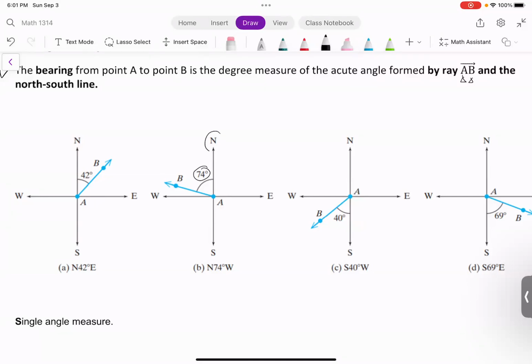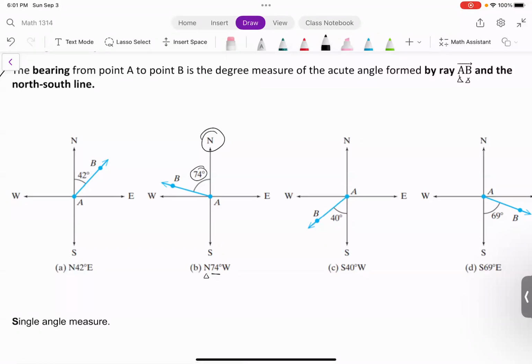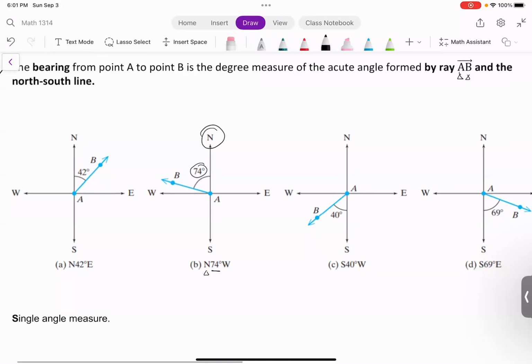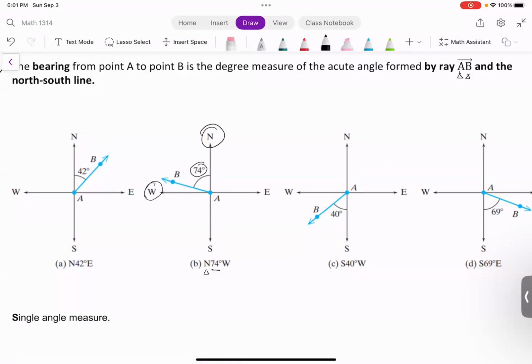It is north because B is on the north part. So the first letter is N, and then the acute angle 74 degrees. Next, is B on the east or west? It is west. So that's N 74 degrees W.